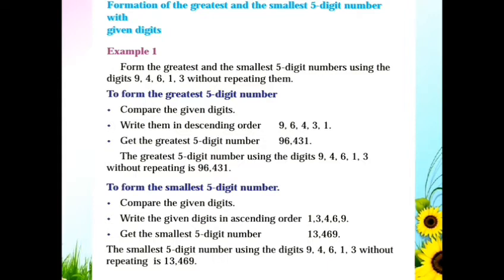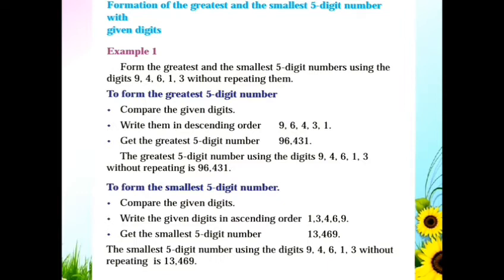For example, form the greatest and the smallest 5-digit numbers using the digits 9, 4, 6, 1, 3 without repeating them. See children, first we compare the given digits. Next, write them in descending order, means 9, 6, 4, 3, 1.